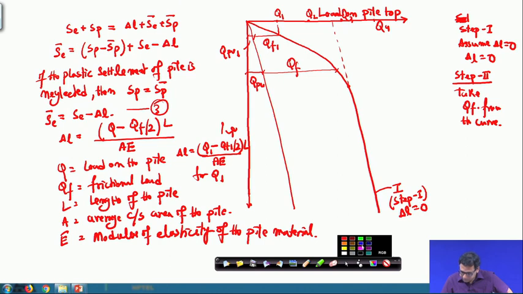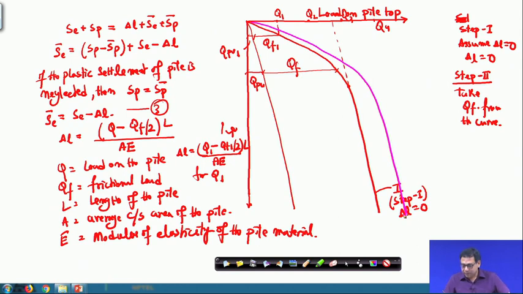Suppose I use the new color, so I will get another curve which may be like this. So, this is from step 2. Okay? And again it has a straight portion, extend that. Then again draw a curve which is parallel to the straight portion of this step 2 curve.